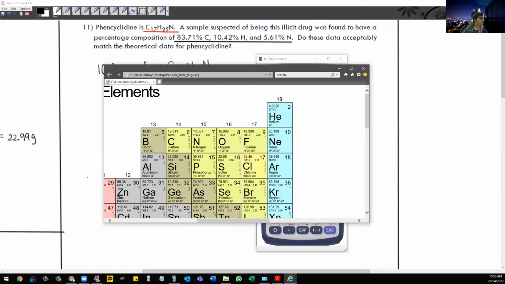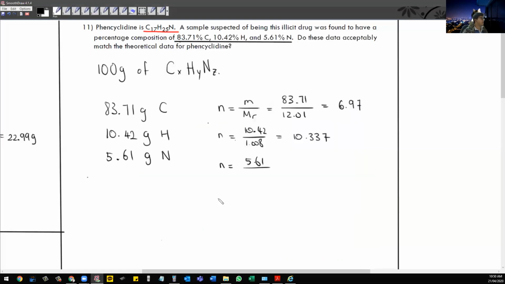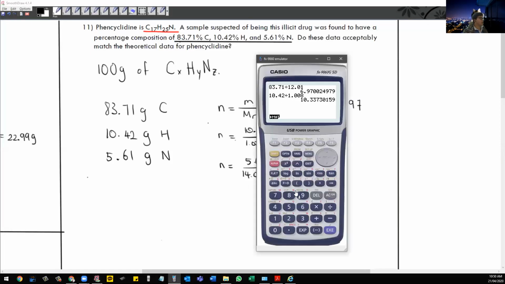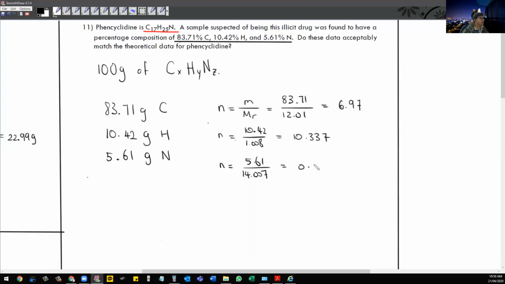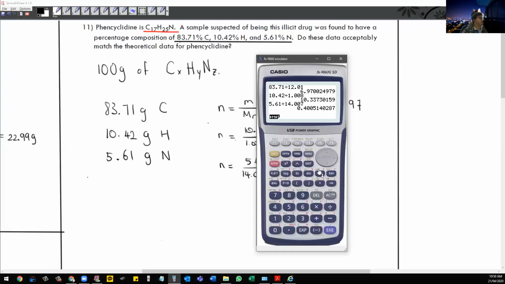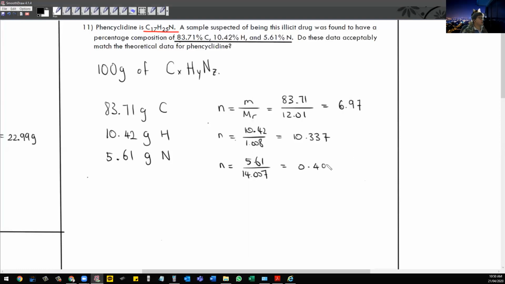Nitrogen there, 14.007. So 5.61 divided by 14.007, that's 0.40051.